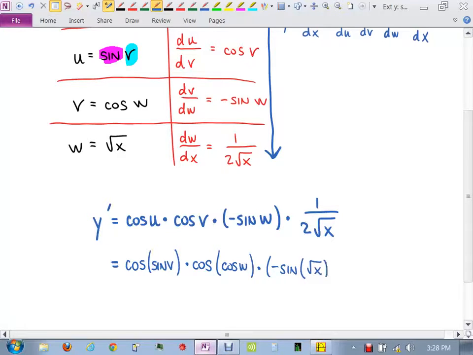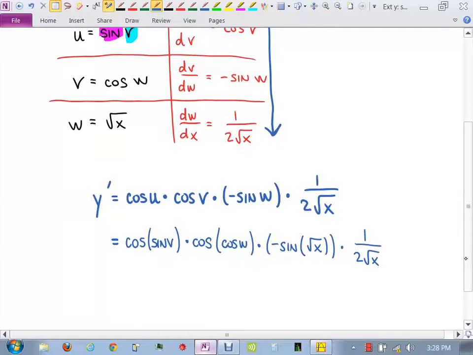Square root of x. And then 1 over 2 root x. So all I did in that first line was I replaced my u with sine of v, I replaced my v with cosine w, and I replaced my w with what? Root x? Do y'all see that?